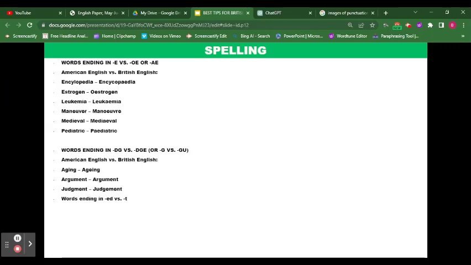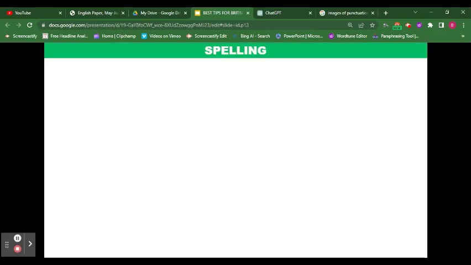Then words ending in ed versus t. American English will end in ed, British English in t, as you have in dreamed versus dreamt, burned versus burnt, lend versus lent.